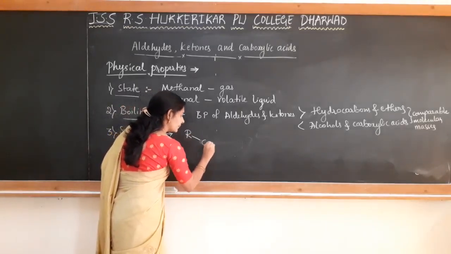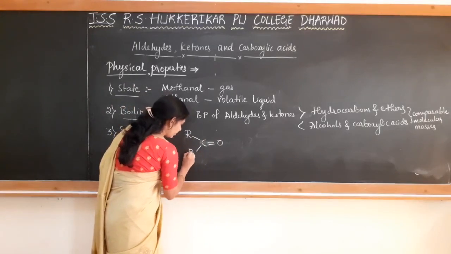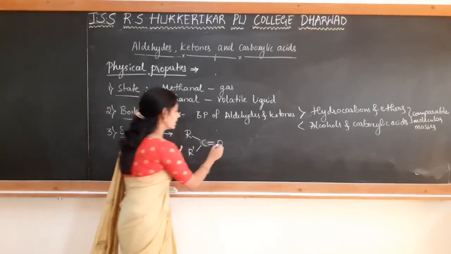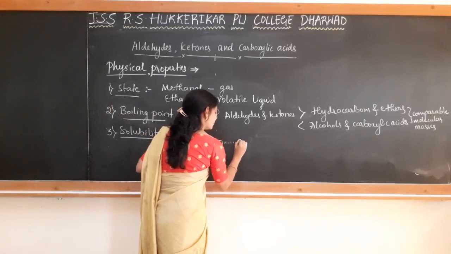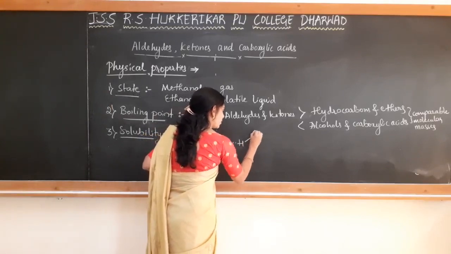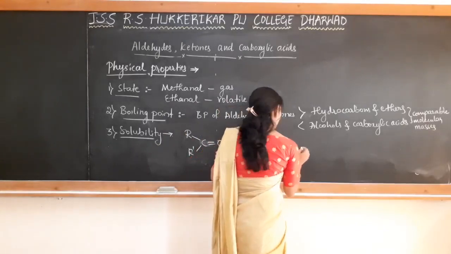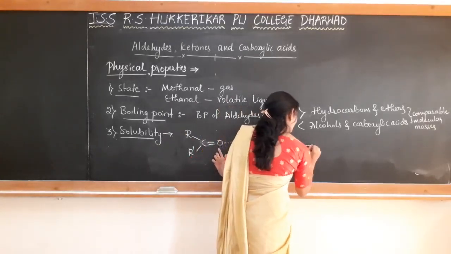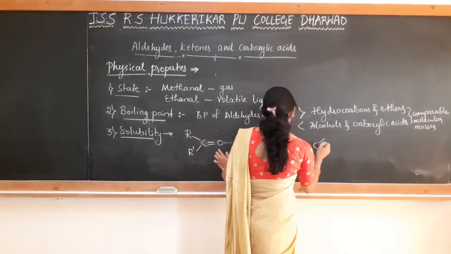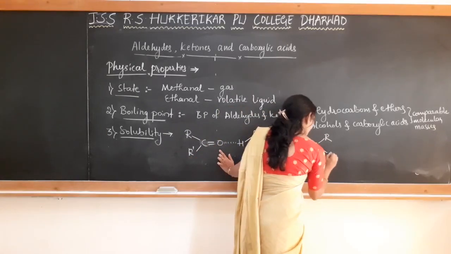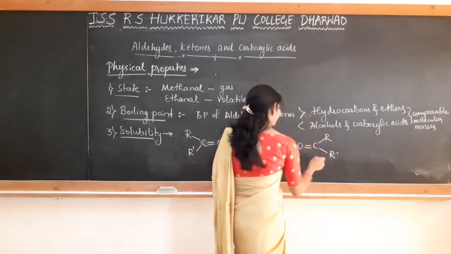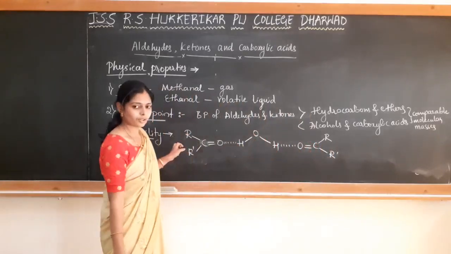If I consider this a carbonyl compound, it has the capacity to form a hydrogen bond with the water molecule. Because of this capacity, it dissolves in the water medium. So this is how it shows the solubility.